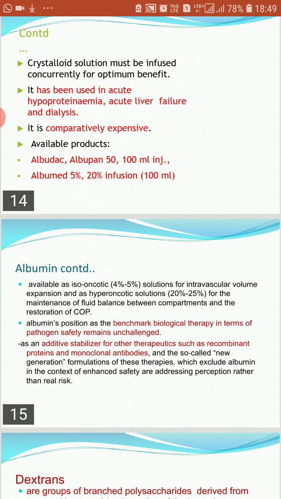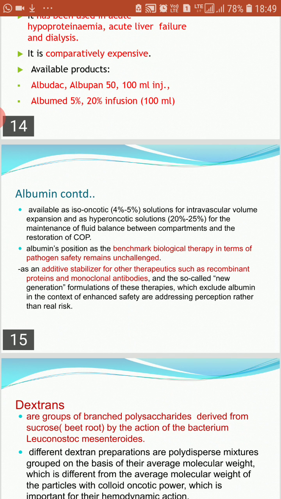Now all of the plasma expanders are given by the IV route. They are available as iso-oncotic 4 to 5% solution for intravascular volume expansion, or hyper-oncotic. So they are available in both concentrations, iso-oncotic 4 to 5% and hyper-oncotic 20 to 25%.